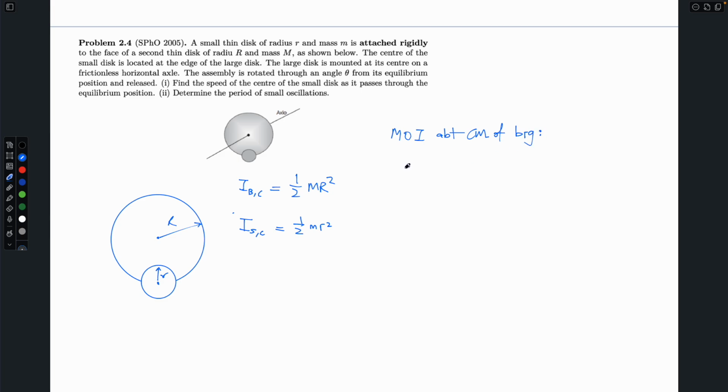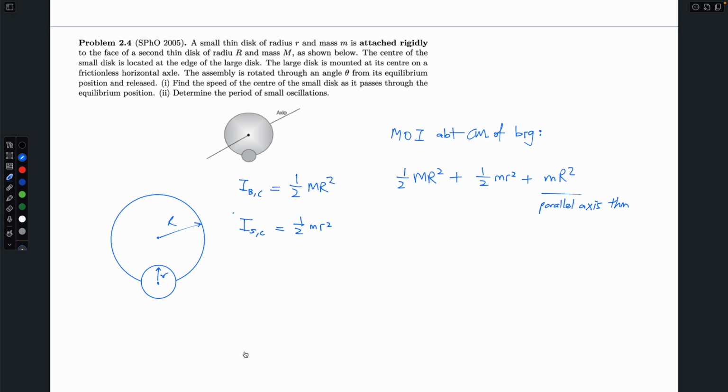So you just add the total MOI. But do note that you need to add an extra term, which is m r squared. This term is the parallel axis theorem. Have you heard of that before? We will go through it in rotation.